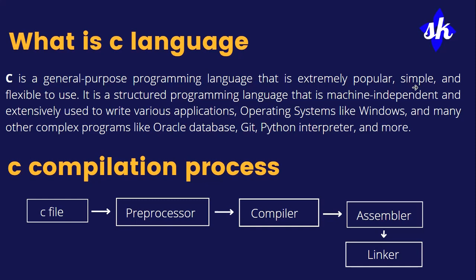The assembler stage. The assembler takes the data that has been processed by the compiler and replaces every one of those instructions with its equivalent machine code. In general we call it object code. You can also stop the process at this point.